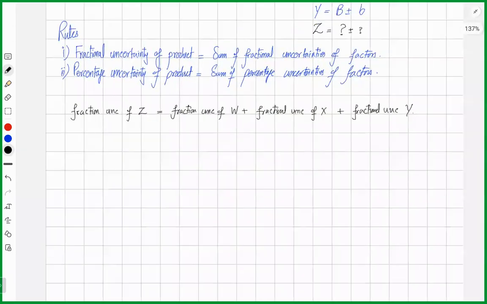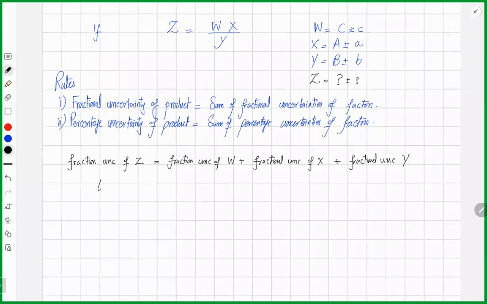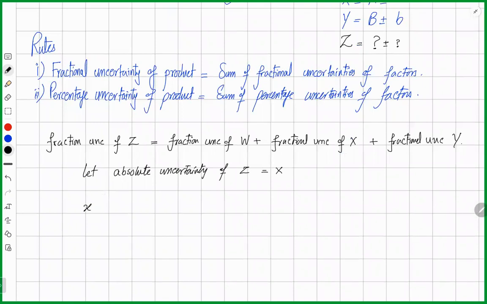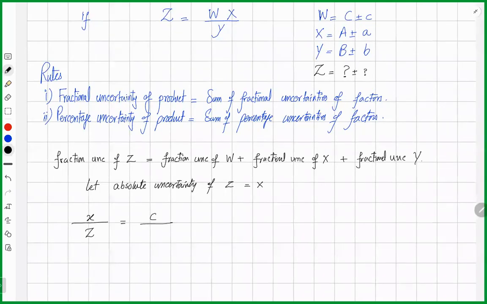Now, if you have the value of z, and let absolute uncertainty of z equal to x, then x divided by measured quantity of z equals to the fractional uncertainty, that will be c over C plus a over A plus b over B. You know all of these, and you have already calculated z.